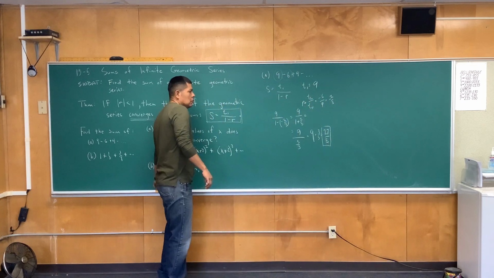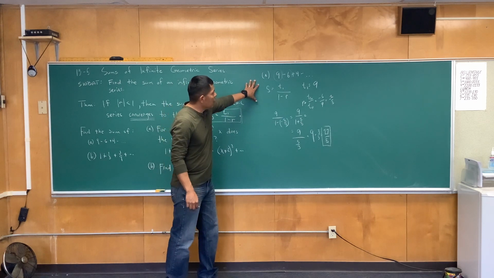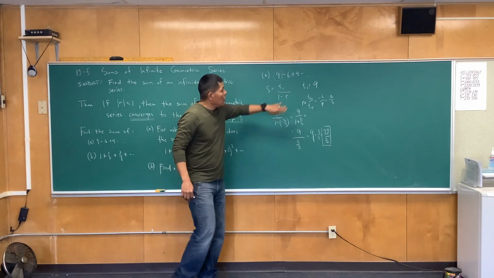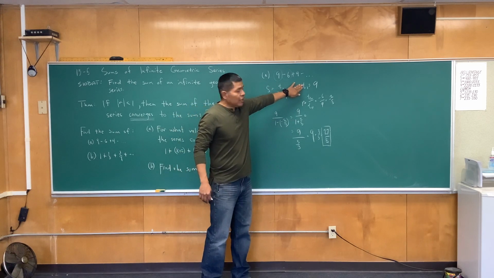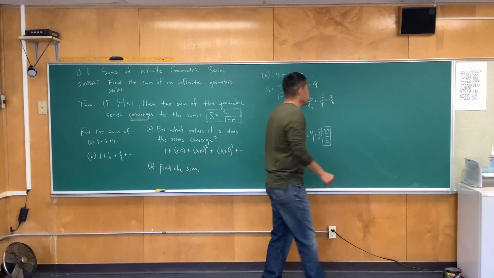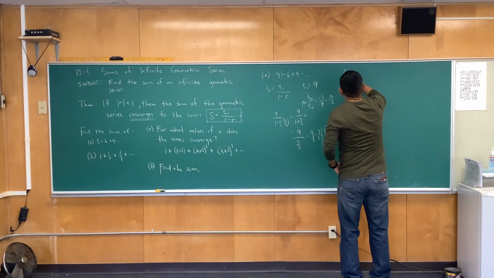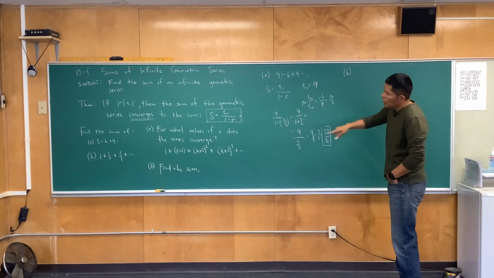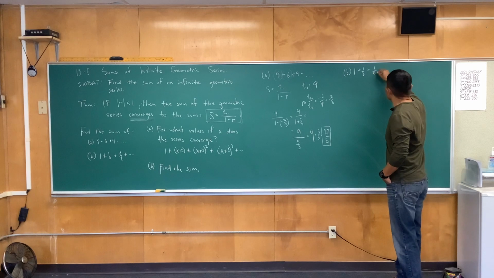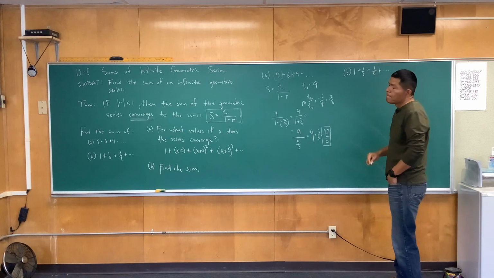Now, when it comes to this example, we have to really pay attention to what we need. We need t sub 1, and then we also need r, okay? So let's try the next one. We have our series, 1 plus 1/3 plus 1/9 plus dot, dot, dot.